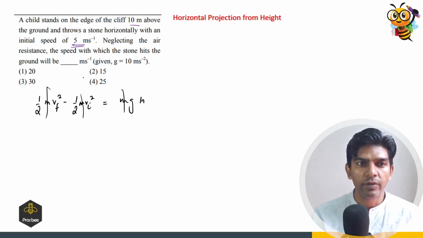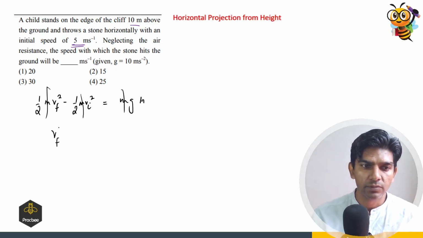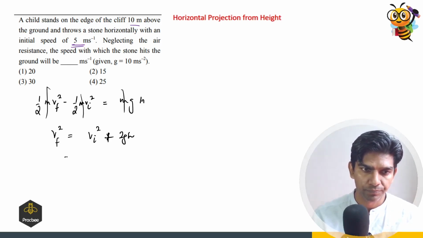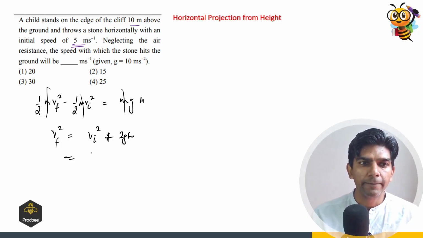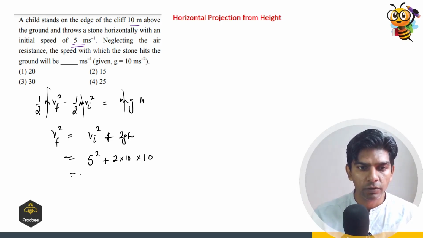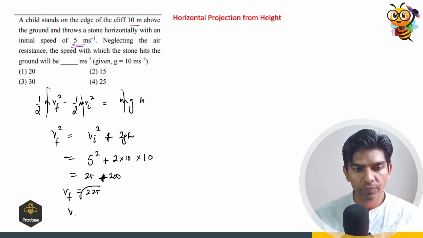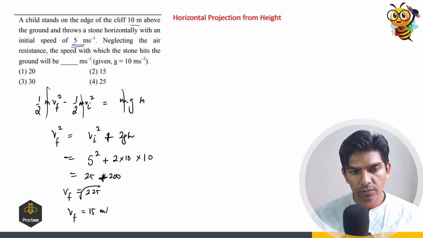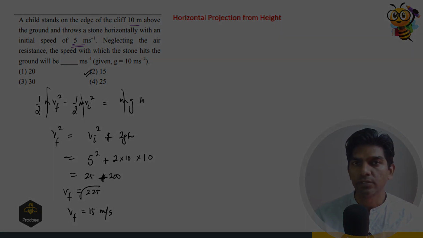We have to find the speed, so vf square will be equal to vi square plus 2gh. So vi is 5, g is 10, and h is 10. So it will be 25 plus 200, which is 225, and root of that will be the speed just before hitting the ground, and it comes out to be 15 meters per second. So option 2 is the right answer.